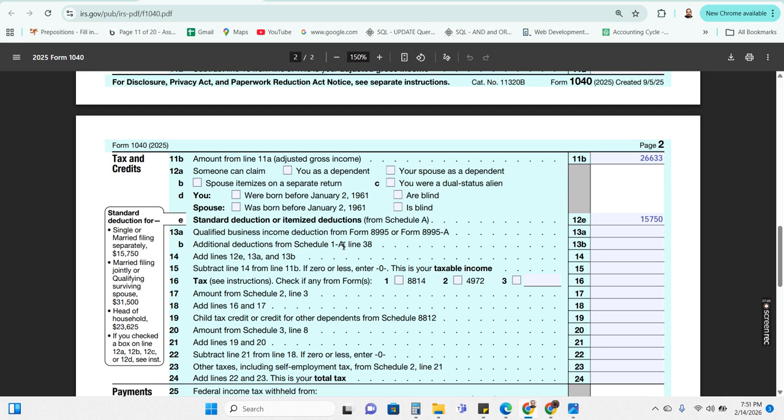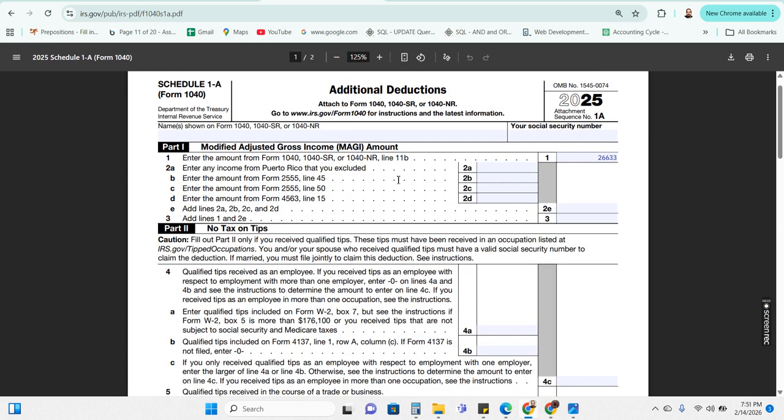Understand? This was introduced by the OBBBA, the One Big Beautiful Bill Act. In the One Big Beautiful Bill Act, Trump said that you can deduct more. Schedule 1A is the new schedule introduced this year. In part 1, you need to write your MAGI, modified adjusted gross income.